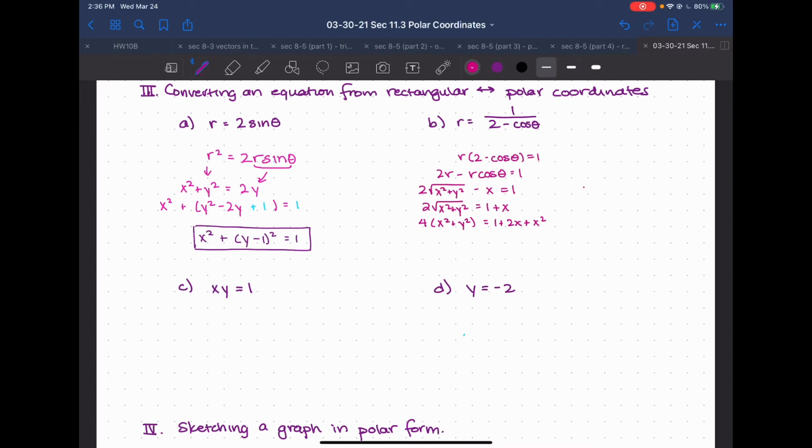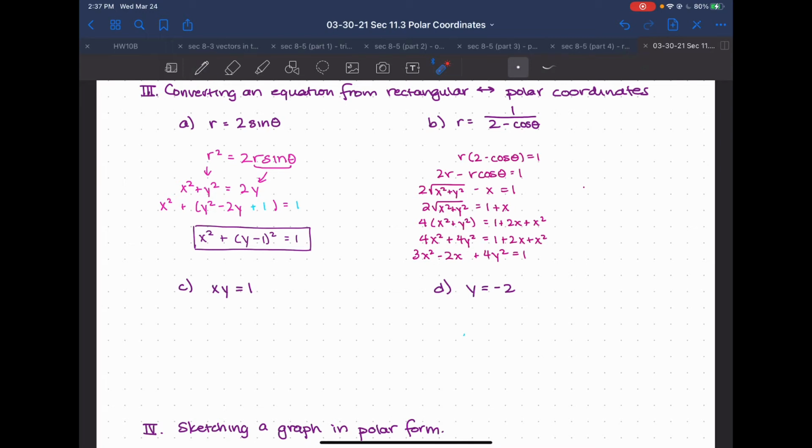And then if I distribute, and then I'll collect all my x's on one side. So I'm going to have 3x squared minus 2x plus 4y squared equals 1.